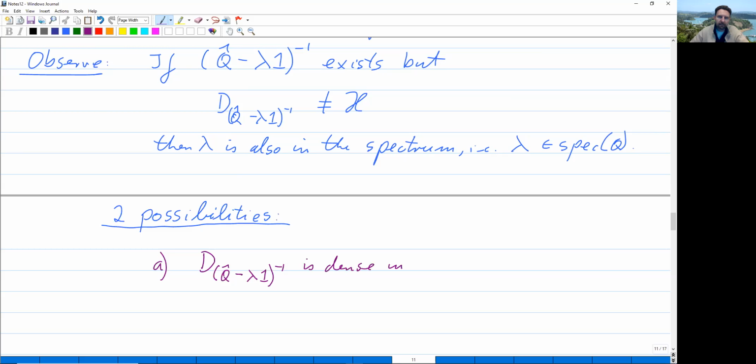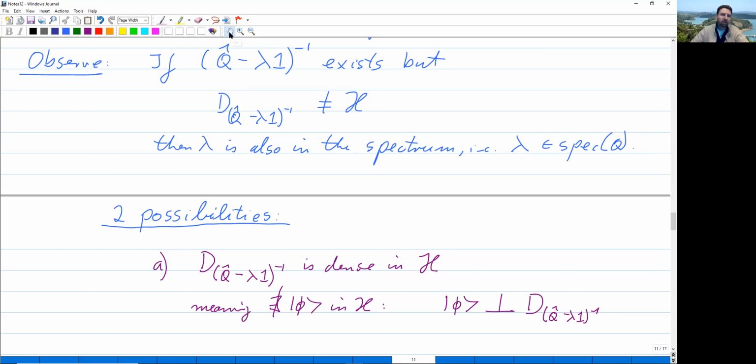Meaning there exists no vector phi in H which would have the property that phi is orthogonal to the entire domain of Q hat minus lambda, the identity inverse.